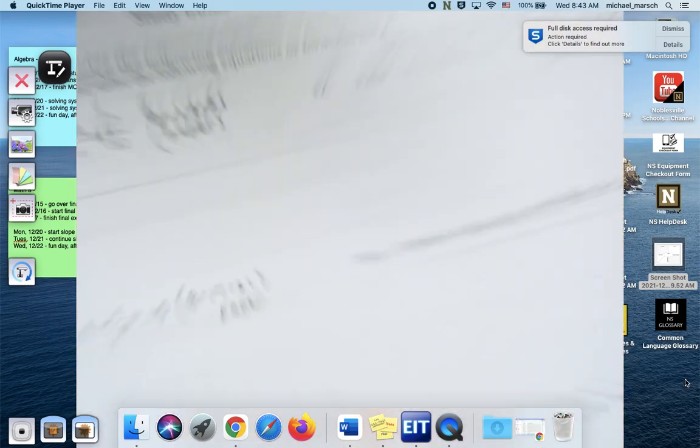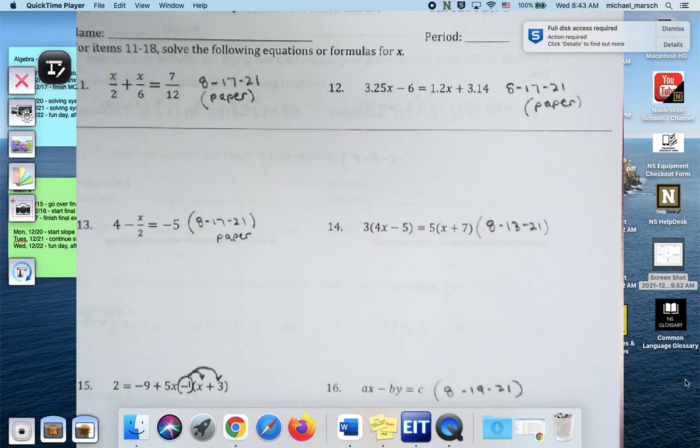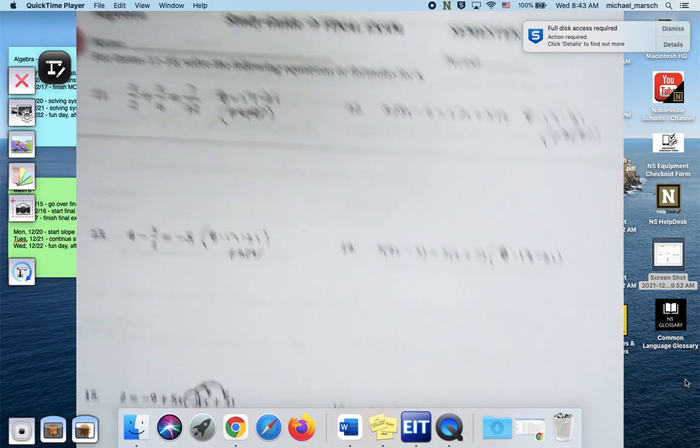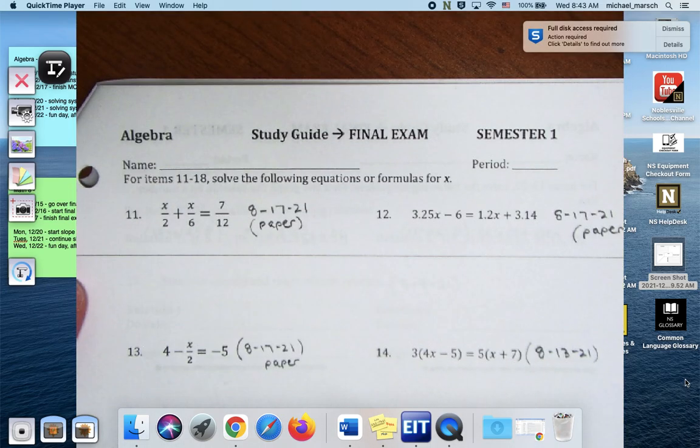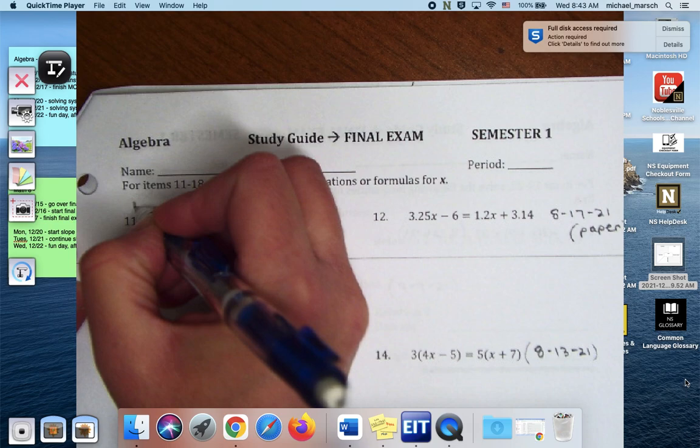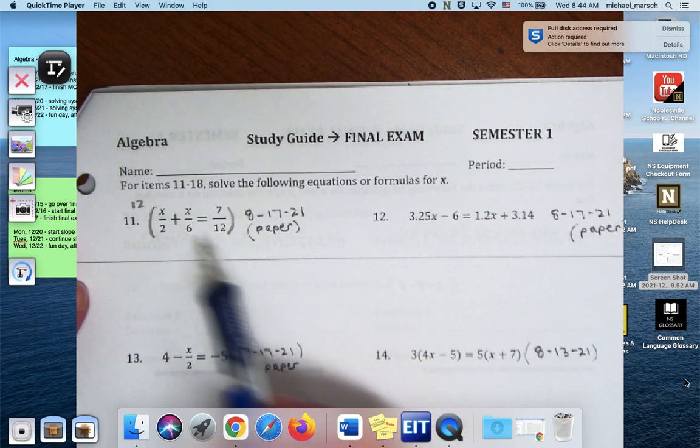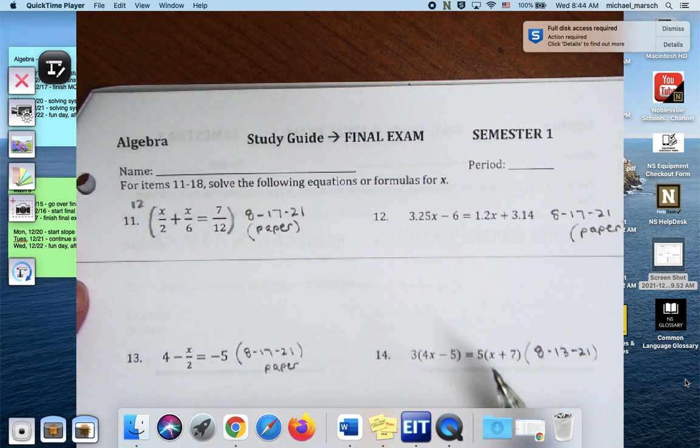All right, number 11, everybody's favorite. Okay, so for number 11, I would have multiplied everything times 12 because that would be my least common denominator. We're going to clear those fractions.